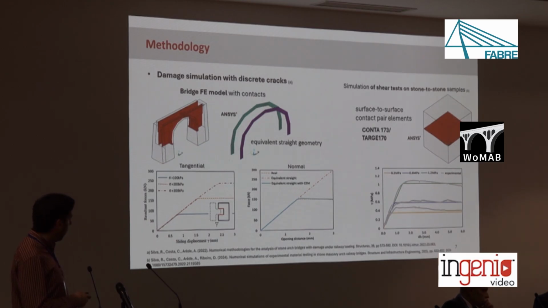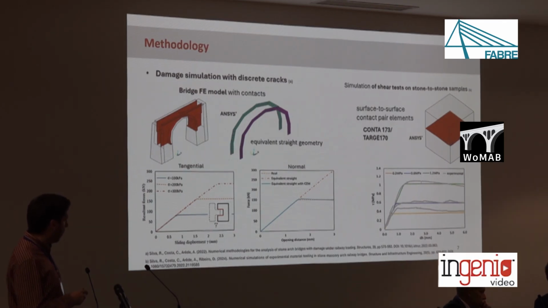So we use this Coulomb friction model in order to represent this elastoplastic behavior in shear. Also, in the normal direction, we calibrate these parameters in order to represent also the effect of the sliding of the crack in the normal direction, and all this is calibrated based on these shear tests on stone-to-stone samples.